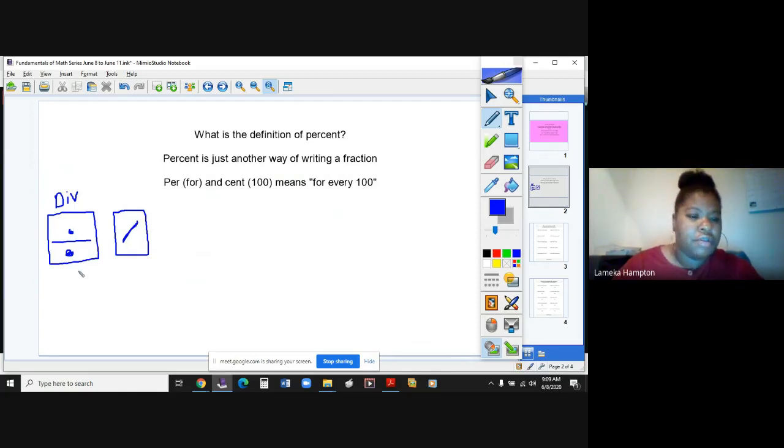Now, as it relates to percents, a percent is just another way of writing a fraction. And per, I believe, is Latin for "for," and cent is Latin for 100. So the actual word percent means for every 100 of something.